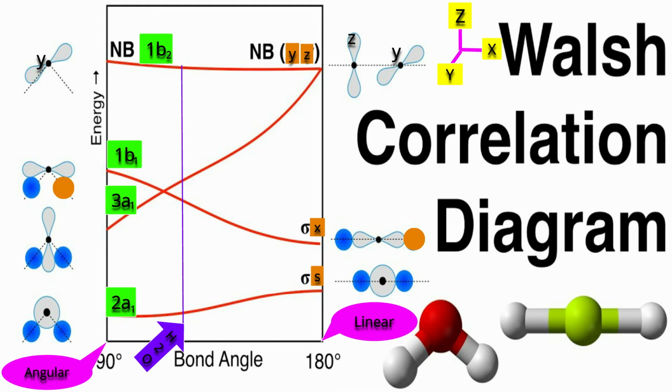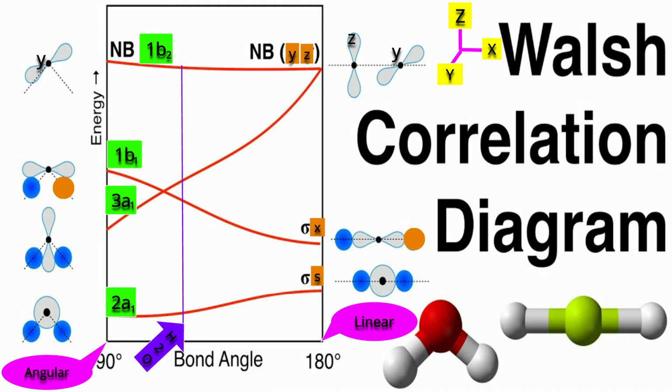So because of the same wave function, what do you think? Will there be attraction or repulsion? Attraction. So will the energy of that orbital increase or decrease? It will decrease. And see, a sharp decrease is there as we bend the molecule, as we change the molecule from linear structure to angular structure. The 2pz orbital, or z orbital, was non-bonding in the linear molecule, but in the angular molecule it decreases in energy, and that I represented as 3a1.